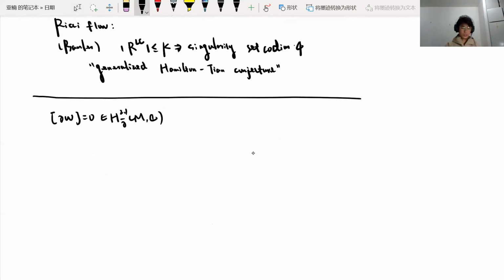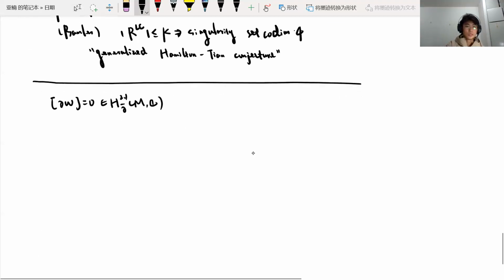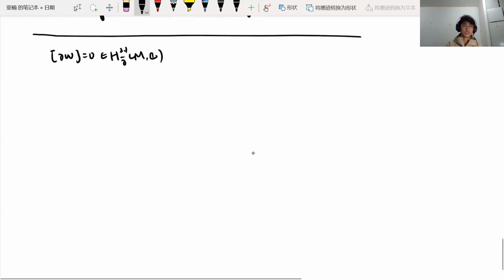Actually, this result is just a little adjustment of the proof of the steady soliton on Kähler manifolds.